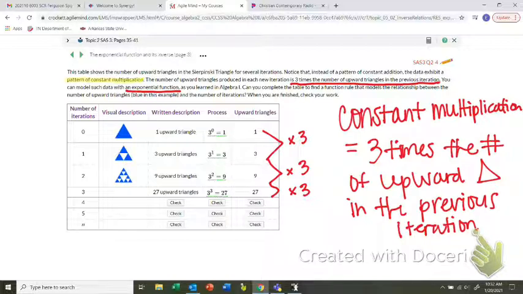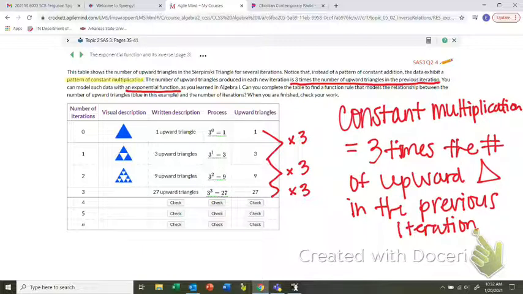All right. Number 3 says, what type of function could model the data in the table above? Well, think back to SAS 1 in topic 1. We talked about exponential functions having that constant multiplication.